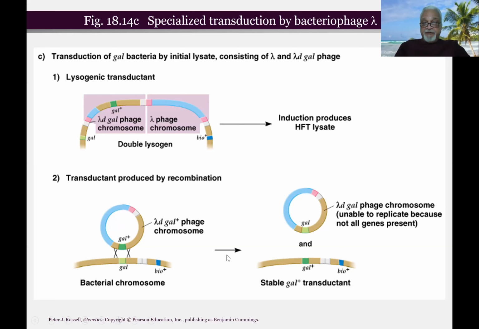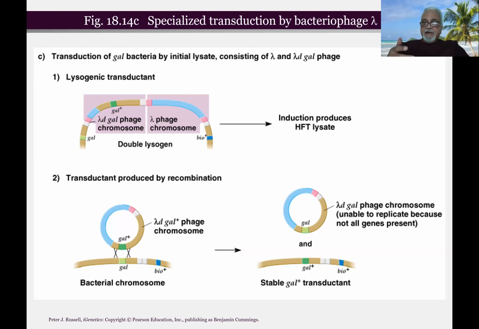So this is what happens in specialized transduction. Depending on where the phage initially gets integrated, it takes the part of the host chromosome DNA and delivers it into the recipient cell.